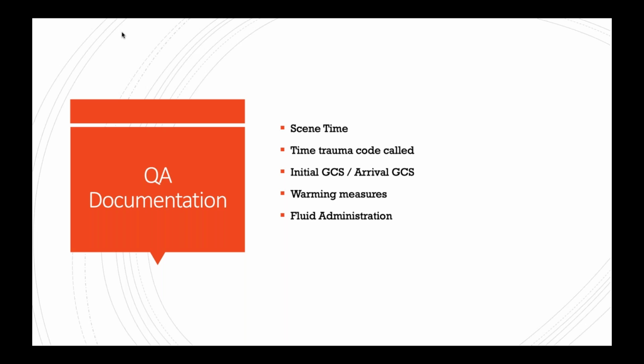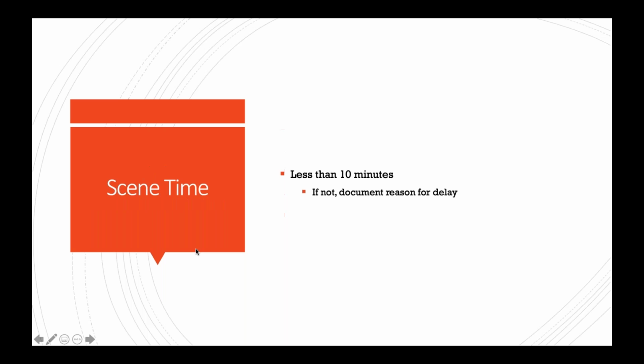It just makes it easier to find things. So your scene time is going to be QA'd, the time that trauma code was called, the earlier the better, an initial GCS, arrival GCS, warming measures, and then fluid administration. So let's dig deep into those.